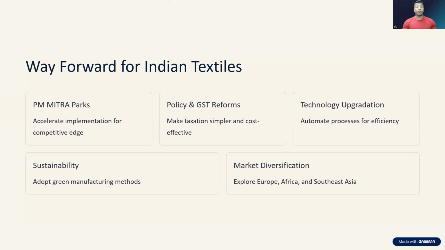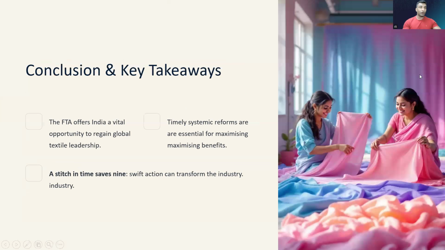Okay, so again, market diversification. Apart from UK, the Indian textiles also can explore various other untapped markets in Europe and also Africa, then in South Asia also. So what we can conclude is that the FTA with UK is a very good opportunity for India's textile sector to regain its competitive edge in the global market that Vietnam, Bangladesh, etc. are enjoying at this point of time.